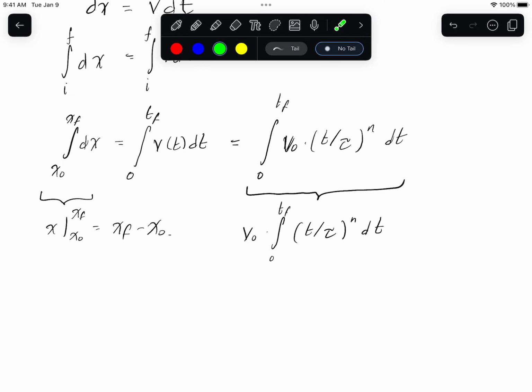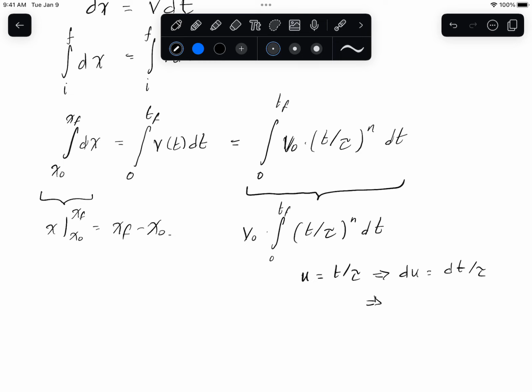We're going to do u substitution, because if this whole thing was just x, and we were integrating over x, then that would be a really easy integral to do. Like we know how to integrate x to the n. So let's make a u substitution. I'm going to say that u is equal to t over tau. And this tells me that du is equal to dt over tau.